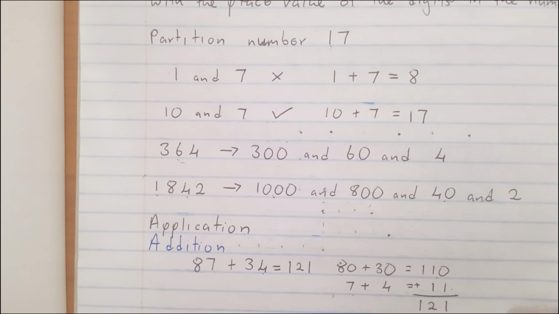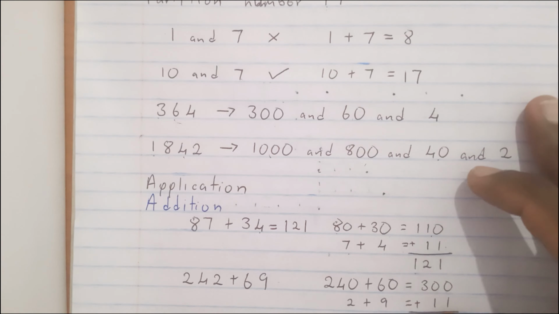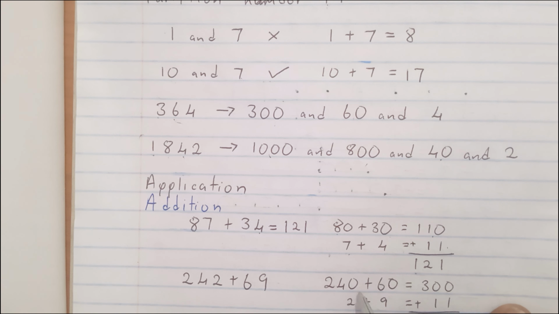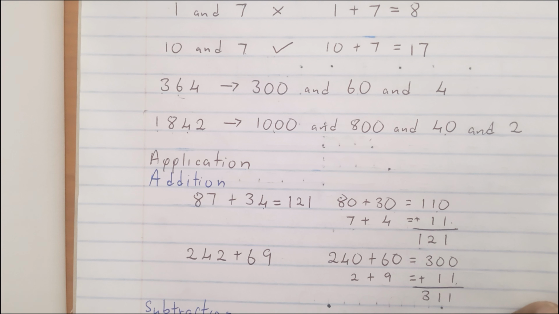Okay, let's look at another example. We have 242 plus 69. Again, we partition: 240 plus 60 to get 300, and 2 plus 9 to get 11, and our final answer becomes 311.